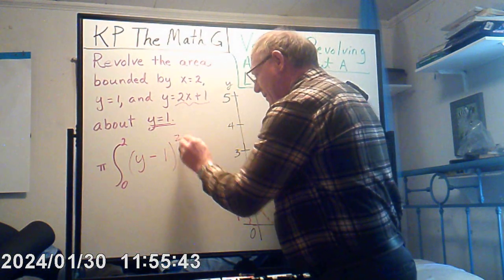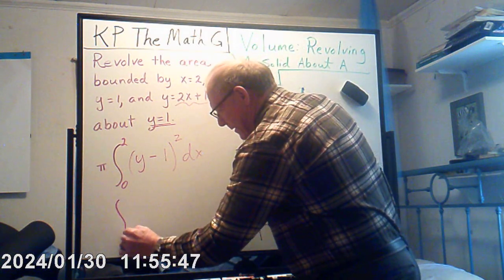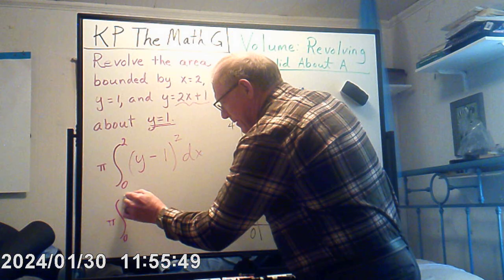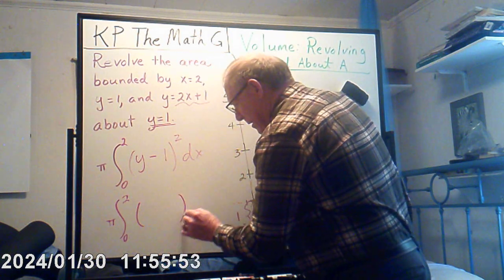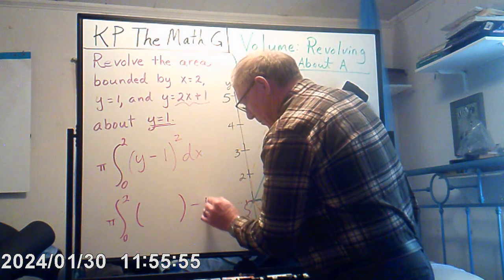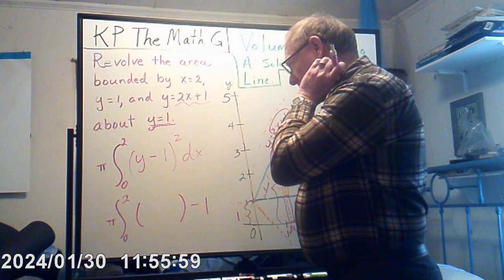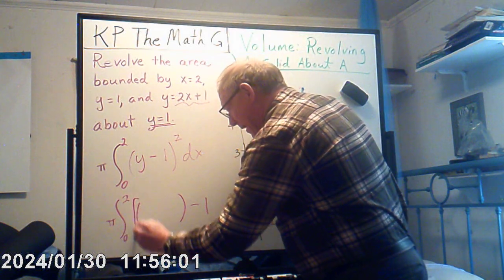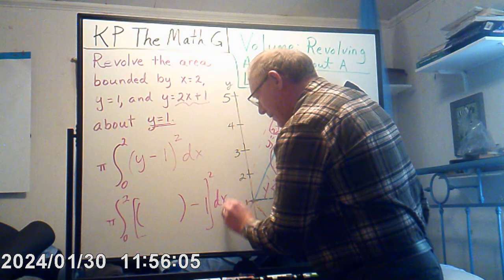So let's substitute this back in: integral from 0 to 2 of pi times y minus 1, and we're going to square that, dx.